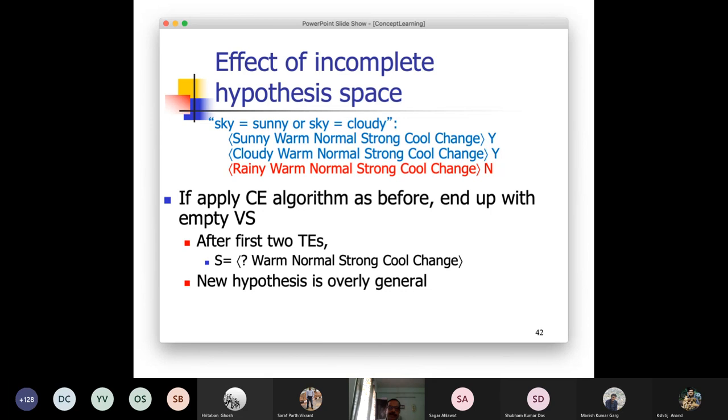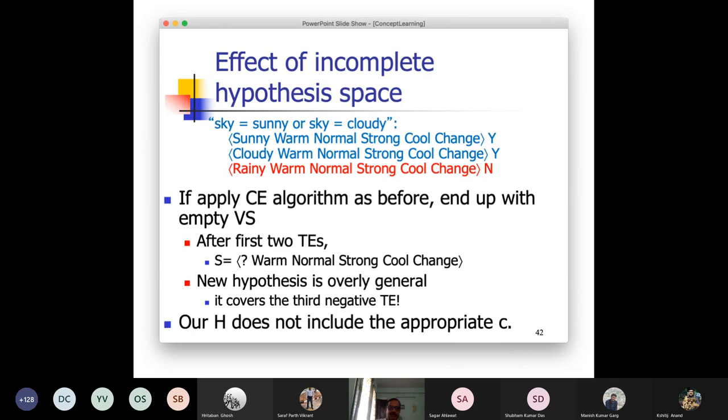And then if you have this negation, you will have all this problem. Your new hypothesis is overly general, because this is accepted by the hypothesis in S, but it should be rejected at this instance. So there is no way you can now represent it, because of the constraint I already mentioned: only one literal can be there or all literals should be there in the hypothesis. So that is the problem.